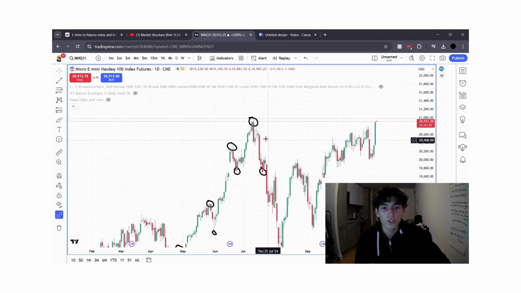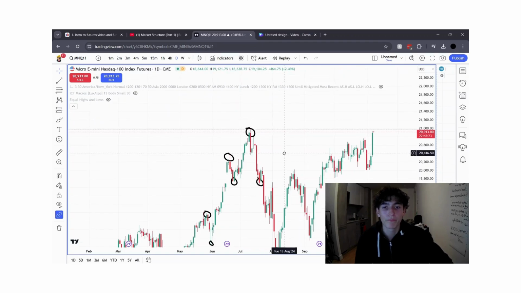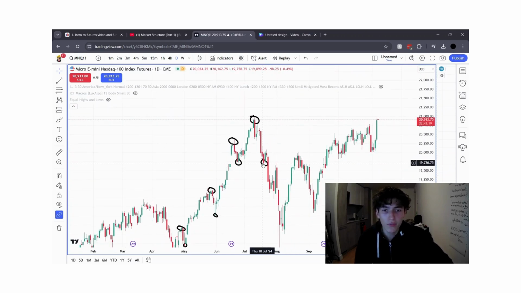Because this low wasn't formed up here. Even though there was a low formed here, I wouldn't call this an obvious low. The obvious low gets formed below the previous low, and that makes it a lower low.